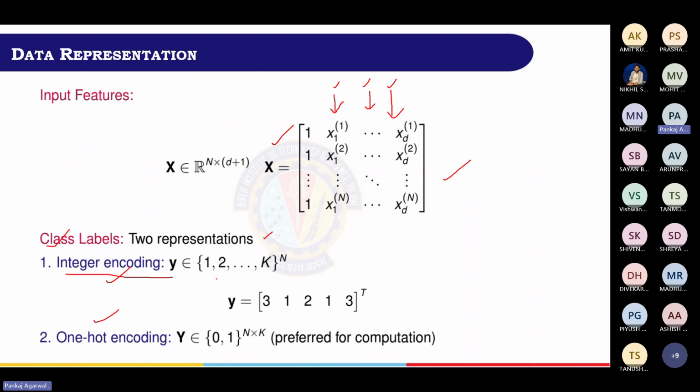I don't have to explain, but obviously integer encoding can be useful when we have a very small number of classes, one or two or three, I mean three or four, that is okay. But obviously I hope you have done machine learning. Integer or label encoding is never considered to be a good one. Anyone can give me the answer? Why label encoding may not be a good thought process if you're doing machine learning? Any thought process?